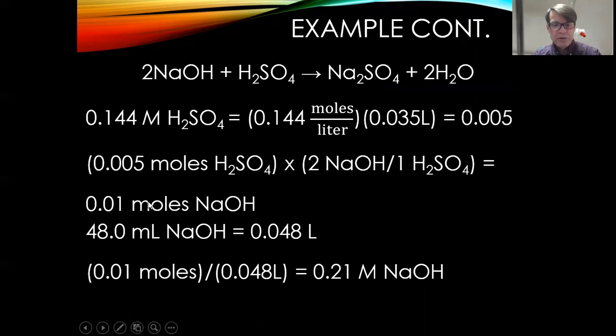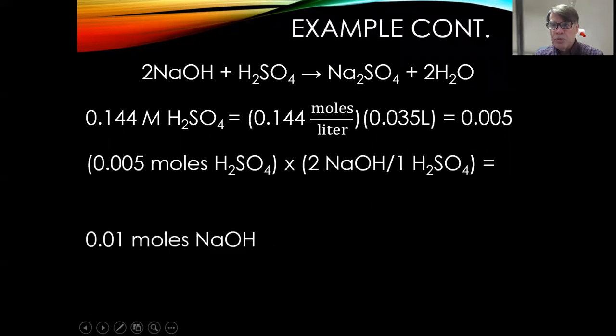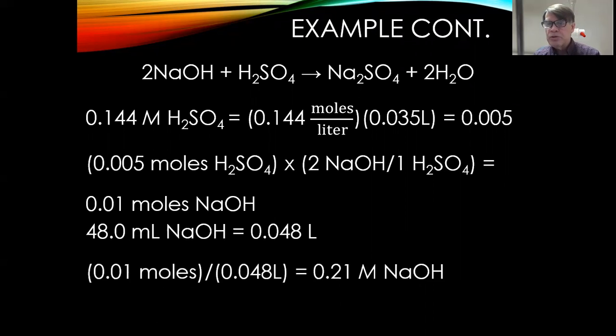We have 0.01 moles of sodium hydroxide and 0.04 liters of sodium hydroxide solution. That means the concentration of the sodium hydroxide solution is 0.21 molar. So that answers the question: what is the molarity of a sodium hydroxide solution if it takes that much to neutralize that much of this molar sulfuric acid? The answer is 0.21 molar sodium hydroxide.